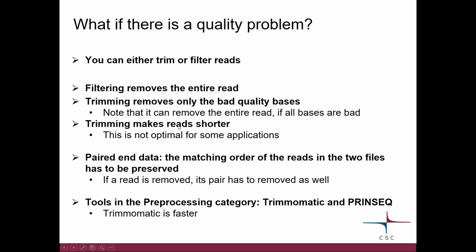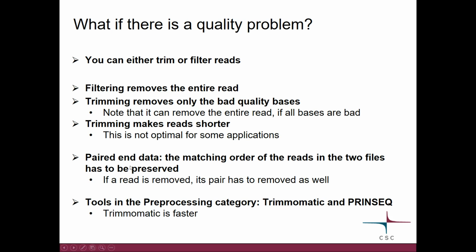Trimming obviously makes reads shorter, so you need to remember that this is not optimal for some applications. For example, here when we are doing 16S analysis, we are going to combine the read pairs to contigs, and there we want as much overlap as possible.